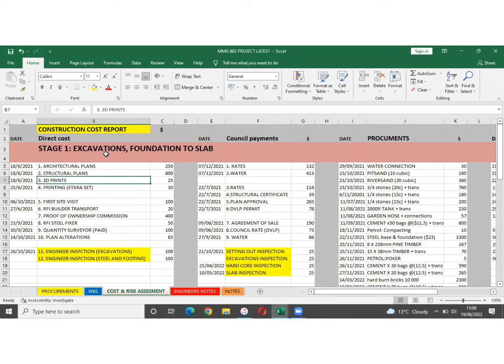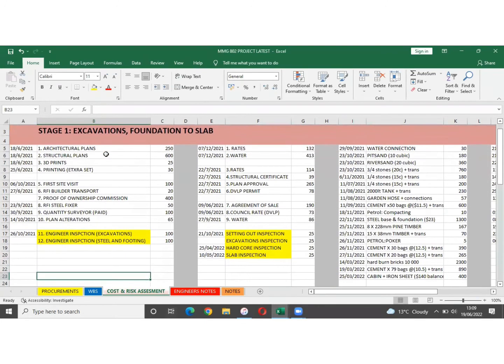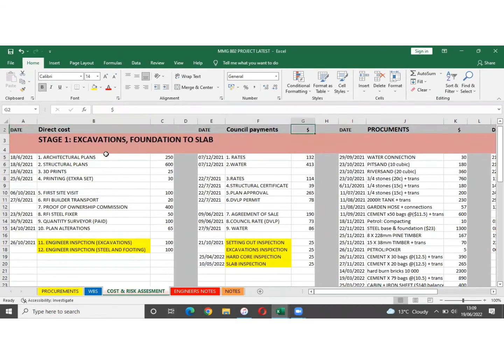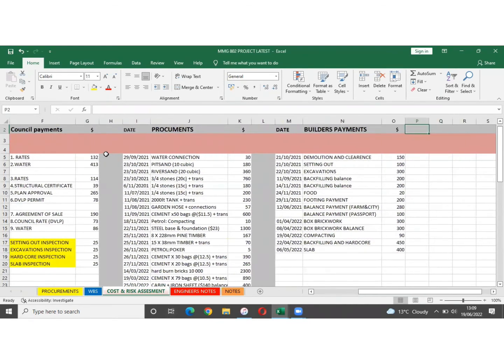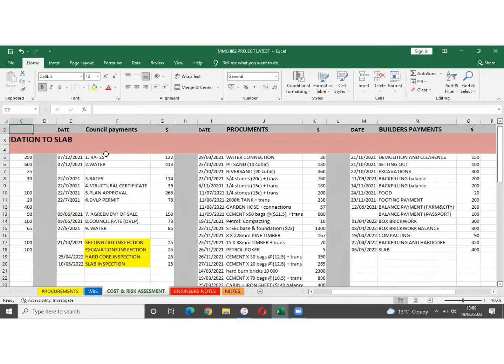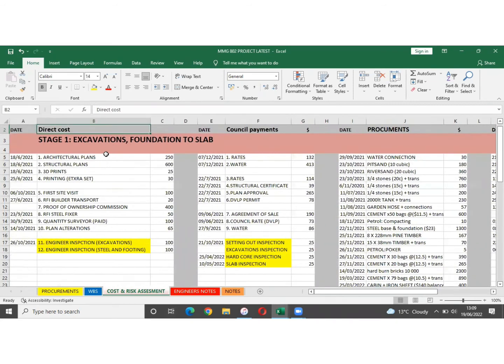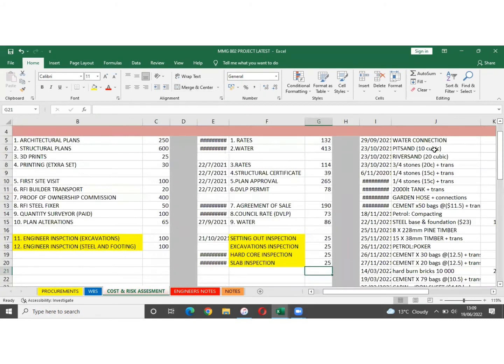Now this is the actual construction cost report, which shows us the exact amount we used for each material, each activity, and at each stage. Initially, we had the architectural designs, we had the council payments before we even went down to the setting out, even the water supply. So we had to put all these down: the council approvals, the development permits, the agreement of sales.